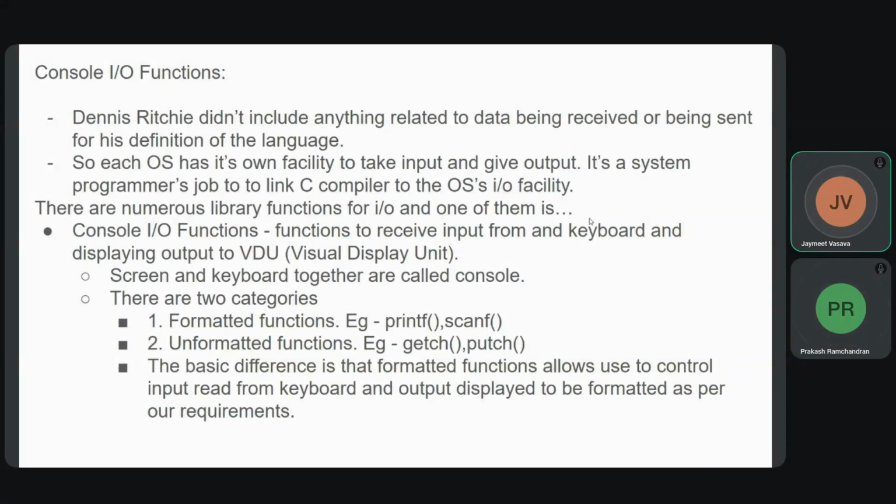You can see the examples of formatted being printf and scanf, and unformatted functions being getch, putch, getchar and all. So the basic difference between the formatted functions and unformatted functions is that they allow us to control the input read from the keyboard and the output displayed to be formatted as per our requirements.